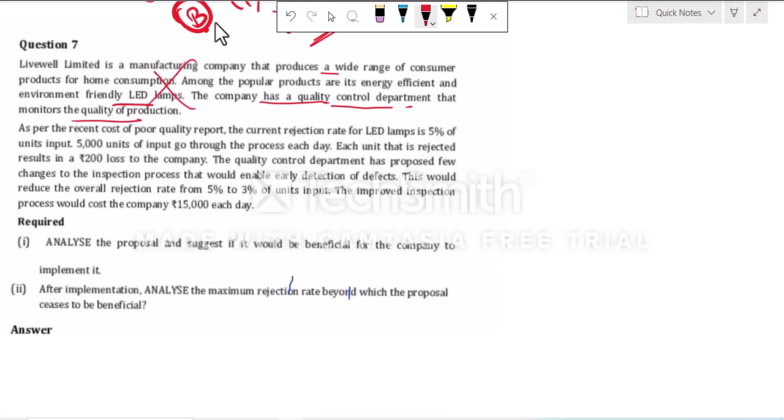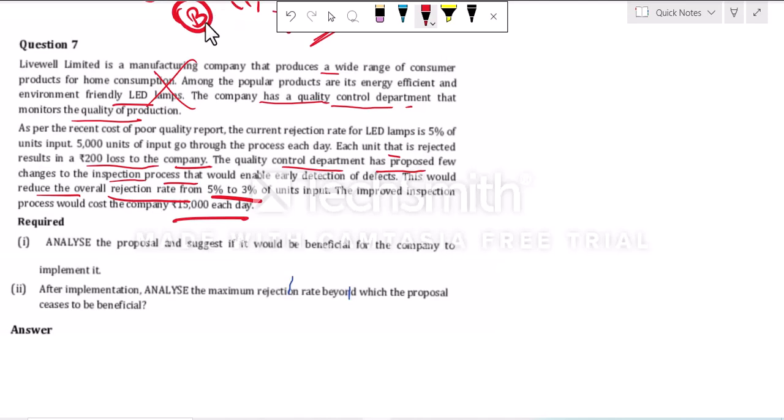As per the recent cost of poor quality report, the current rejection rate of LED lamps is 5% of the units input. 5,000 units of input go through the process every day. Each unit that is rejected will result in 200 loss to the company. The quality control department has proposed changes to the inspection process that would enable better detection of defects. This would reduce the overall rejection rate from 5% to 3% of units input. The improved inspection process would cost the company 15,000 each day.